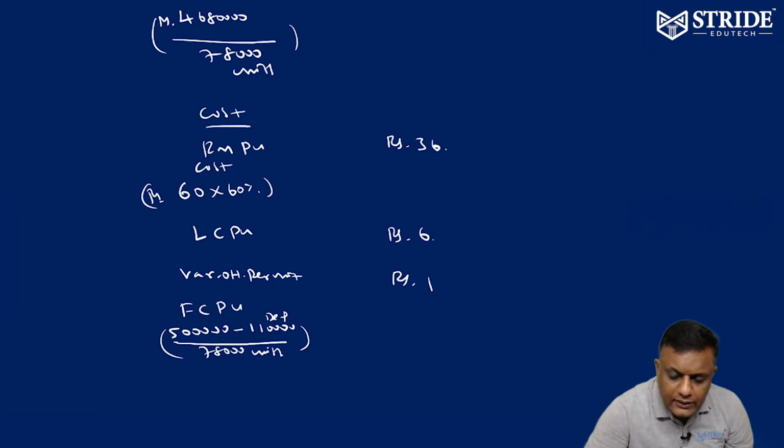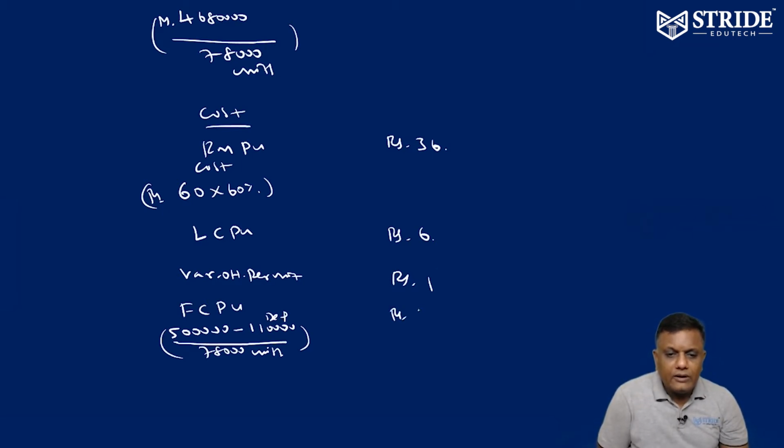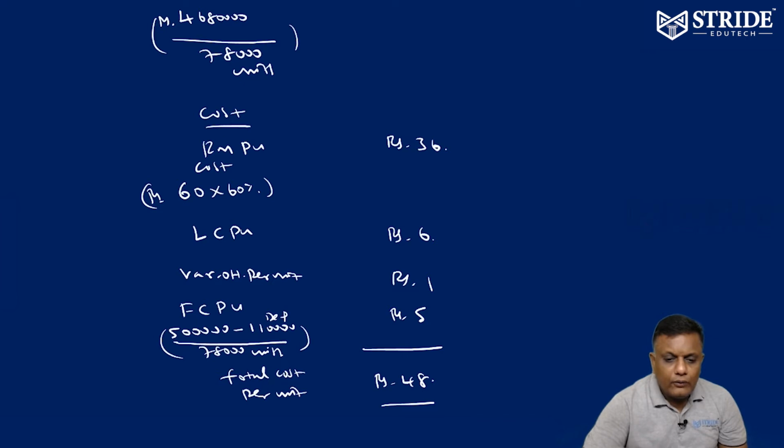So 3,90,000 by 78,000 units, you will be getting rupees 5. That's it. So total cost per unit: 36 plus 6 is 42, 42 plus 6 is 48, rupees 48. So this is total cost per unit. Right. Now we will solve the problem.